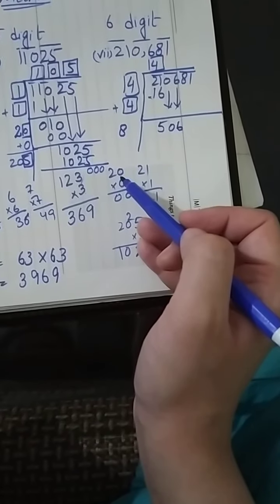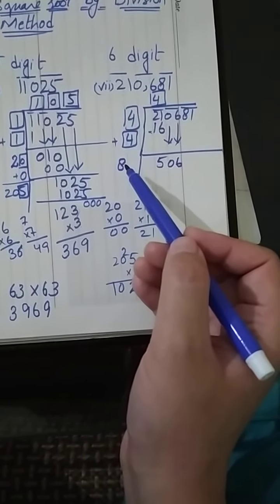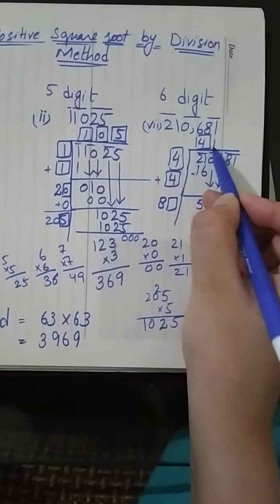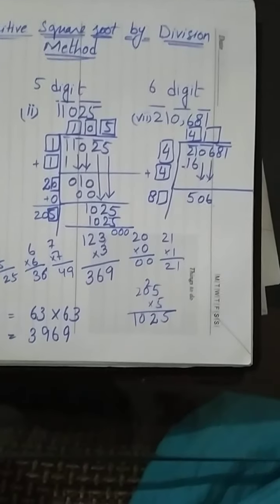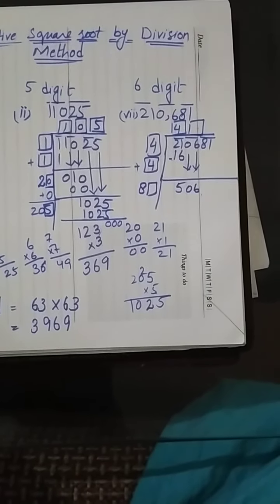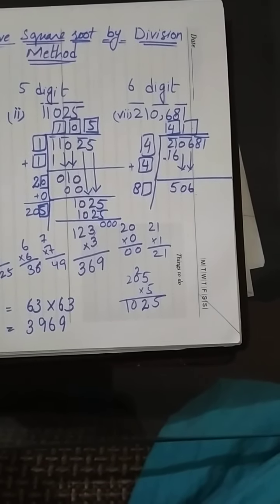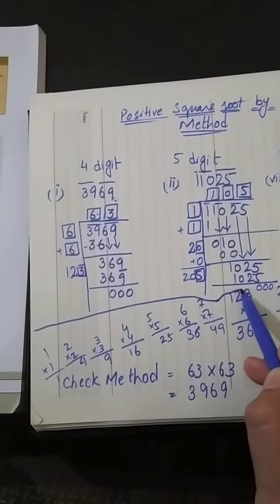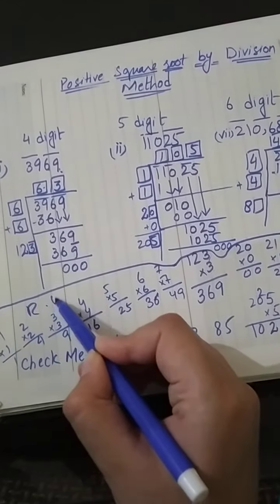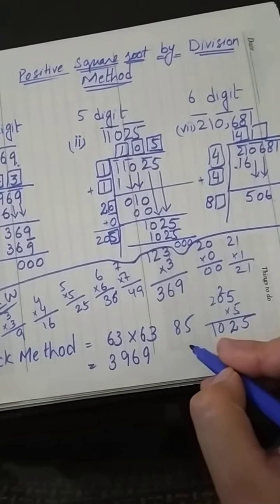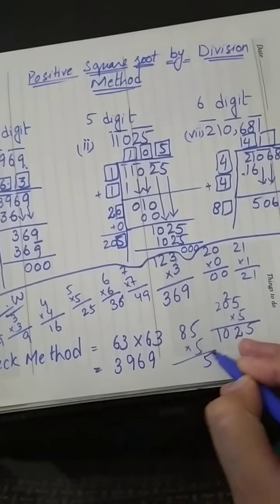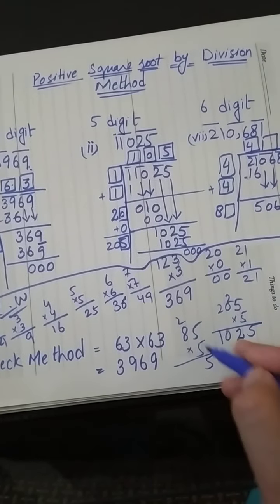Now 8 how many times? If I multiply a number here, I have to put that digit in the divisor also. This is the rough work. 85 times 5: 5 fives are 25, 5 eights are 40, plus 2 is 42.